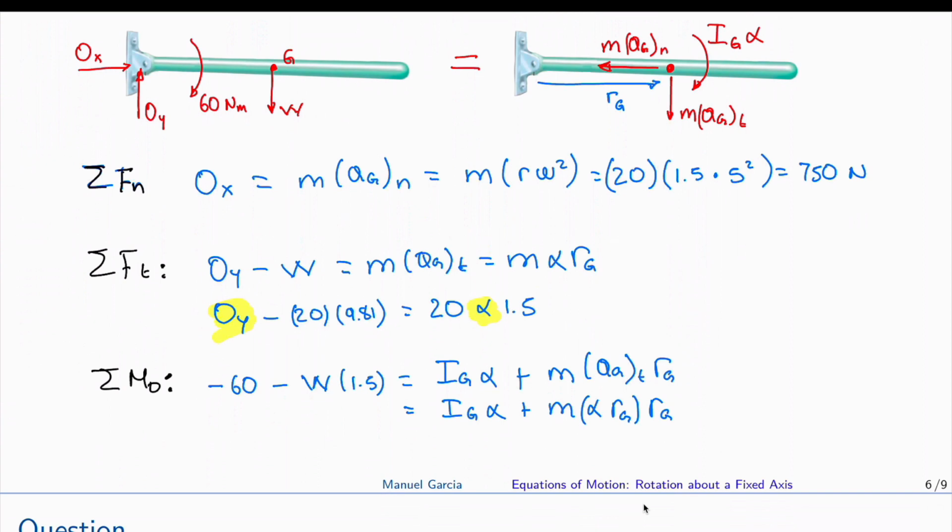So here we can factorize alpha. So this is equal to Ig plus the mass multiplied by Rg squared, multiplied by alpha. And in the left hand side we have minus 60 minus the weight, which is 20 multiplied by 9.81, multiplied by 1.5, and this is our right hand side.